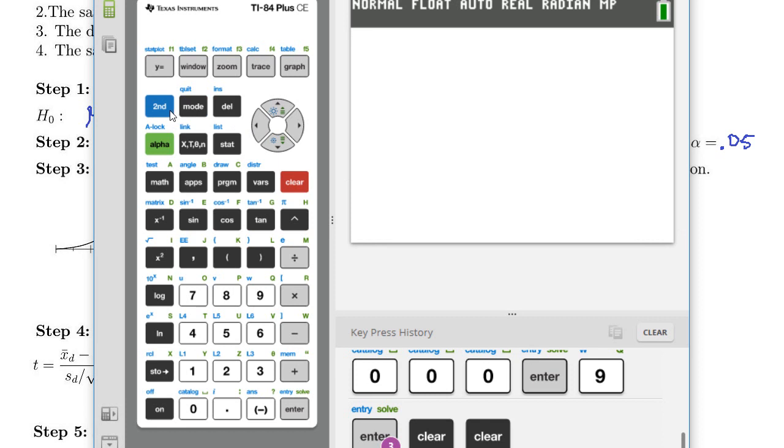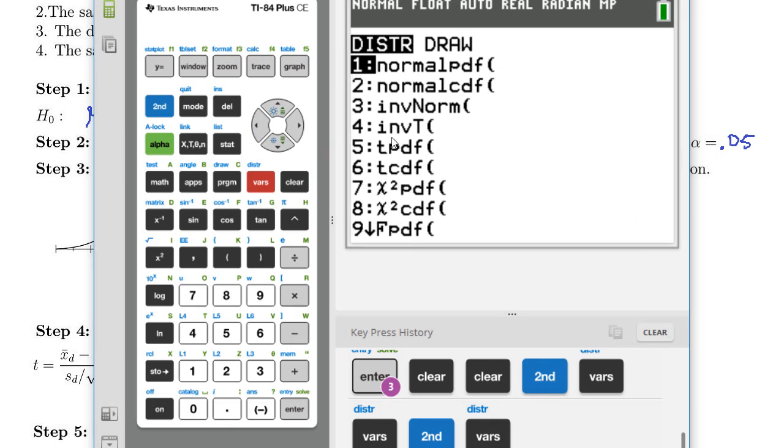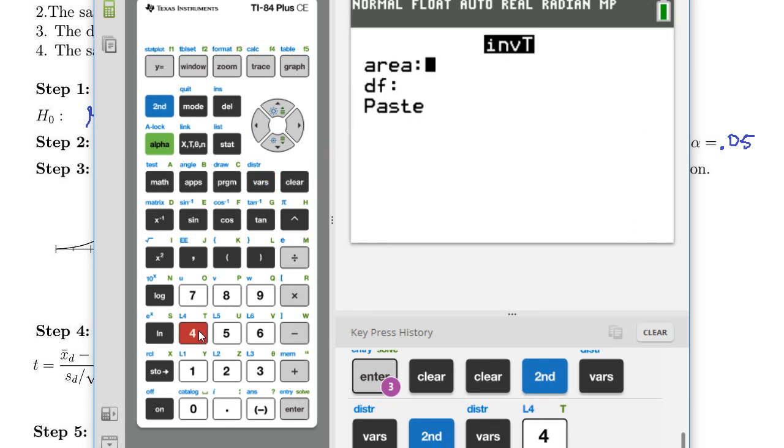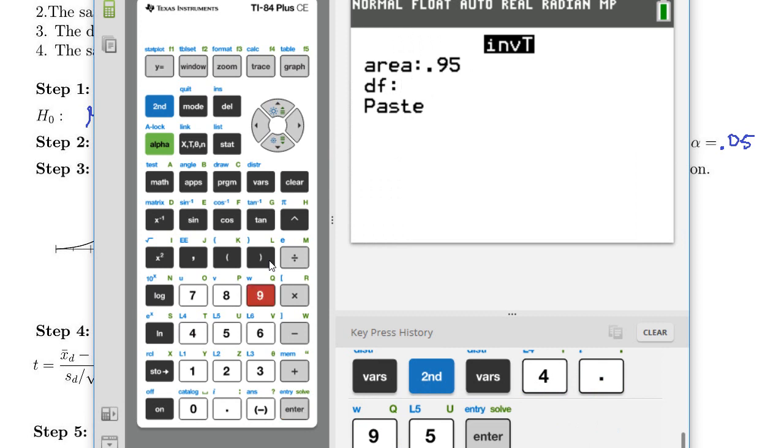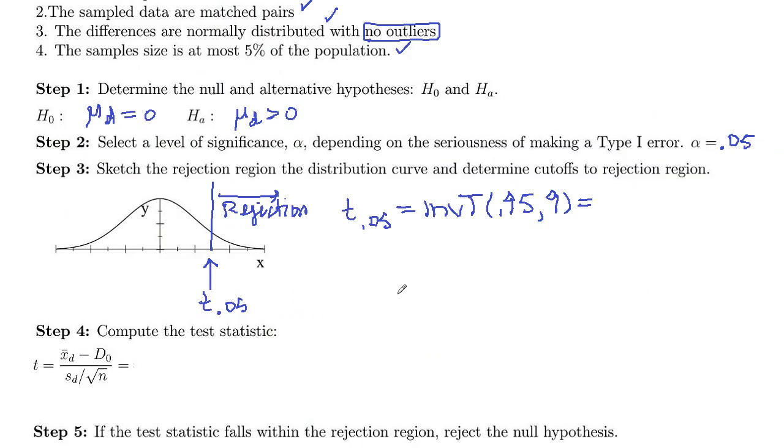So if we key that into the calculator, go to the distribution menu, and we want inverse t, number 4. Our area 0.95, degrees of freedom 9, 1.83. So there's our critical value.